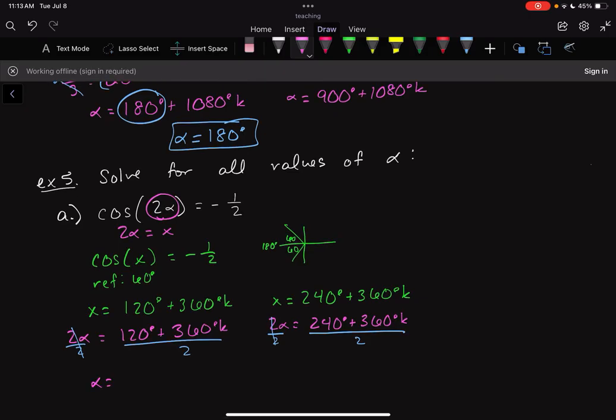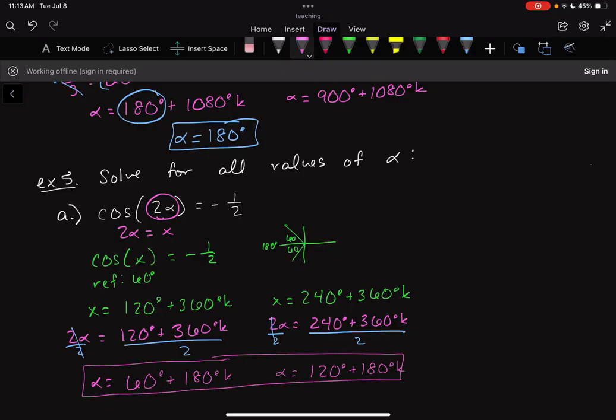So then I have 120 divided by 2. That's going to give me 60 plus 180k. And then 240 divided by 2 is going to give me 120. And then I have plus 180k. So this is my final answer for this one. And it said for all values, so that's why I left the k in there.